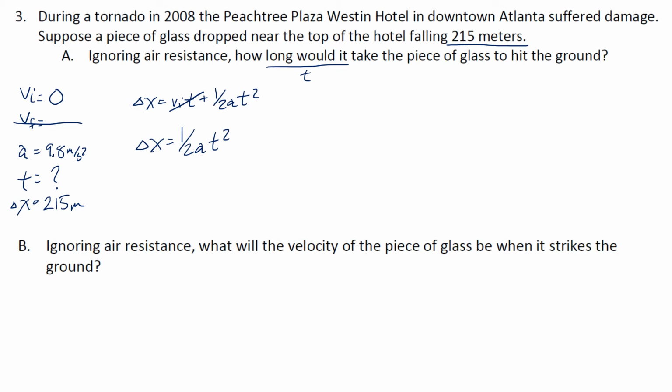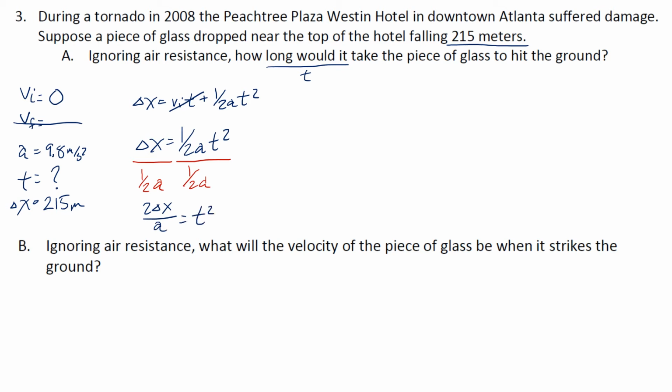And to solve for t, I'm going to flip this around and rewrite it a little bit. I'm going to divide both sides by 1/2 a. So that means 2 delta x over a is equal to t squared.